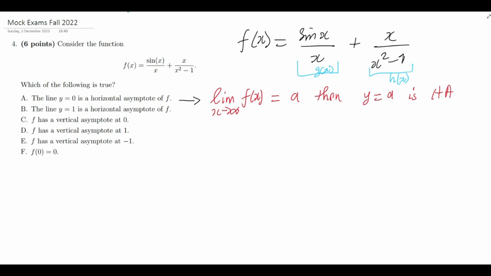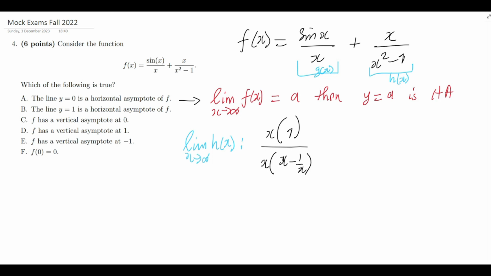So if we consider h of x, we want the limit as x tends towards infinity of h of x. It is very easy. The result is 0 because we can factor out x here. We have 1 on the numerator, then we factor out x on the denominator, so we have x minus 1 on x.